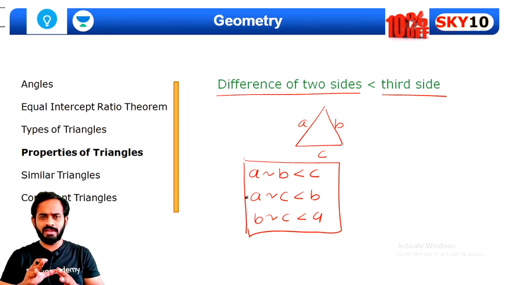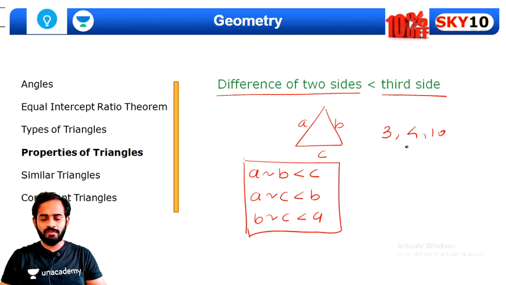Maybe in a certain question you'll have to find out whether a triangle is possible or not. So using three particular values, we can use this rule and find out whether that triangle is possible or not. Just for example, let's say 3, 4 and 10.